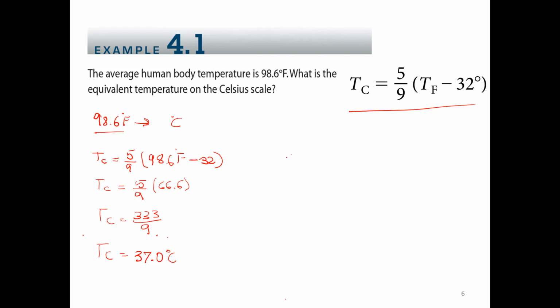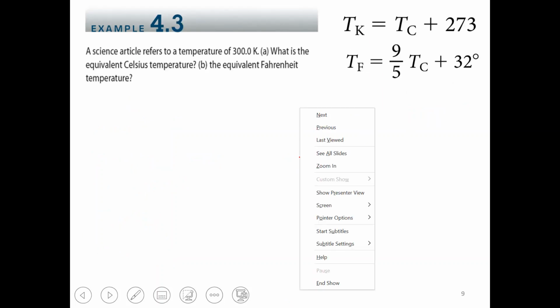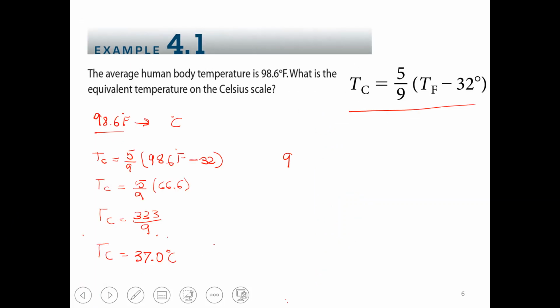Then we can say 98.6 Fahrenheit equals 37.0 degrees Celsius.